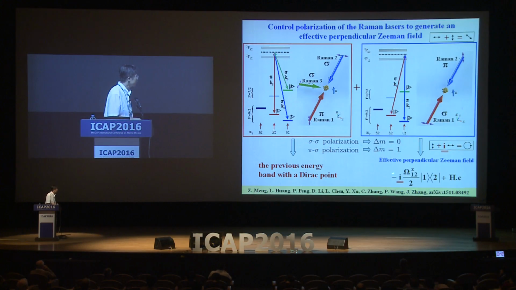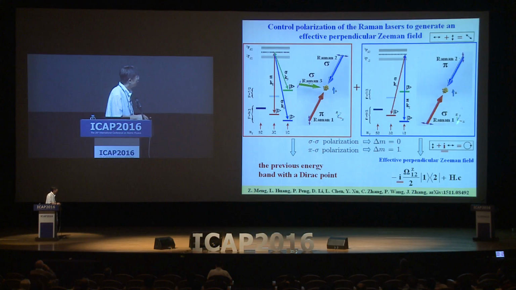How do we generate this complex Raman coupling? We need to control this relative phase. This requires the polarization to be a horizontal and vertical superposition, a linear polarization along the 45 degree.